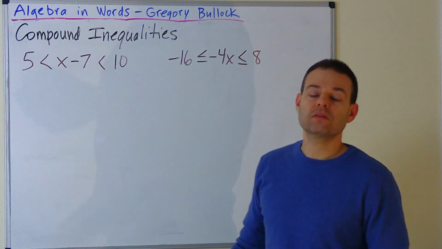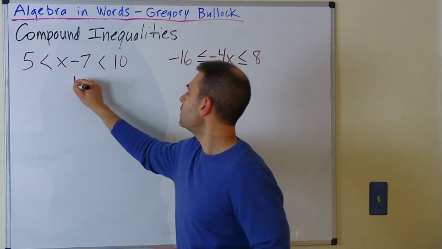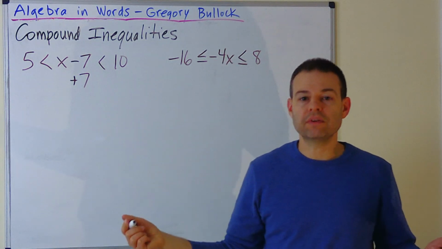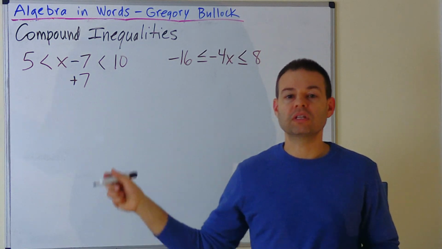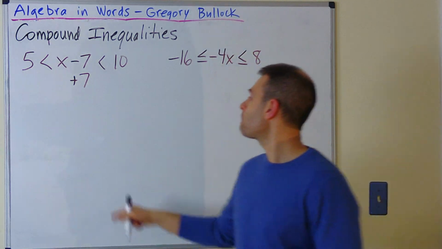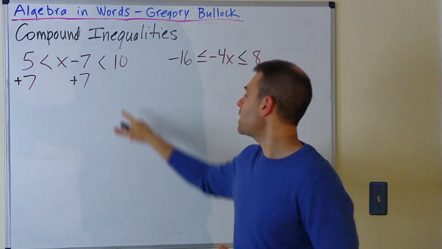The answer is, we can add 7. If we add 7 here, the negative 7 plus 7 cancels to 0, leaving just x. But remember, what you do to the middle, you do to the left, and you do to the right side as well. So we added 7 here, let's add 7 here, and let's add 7 here.